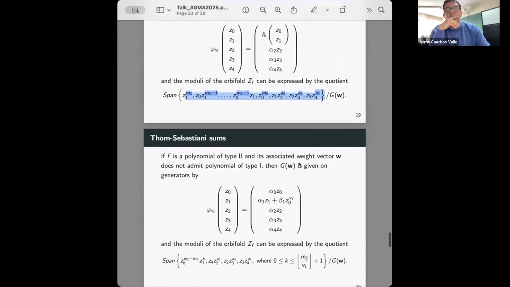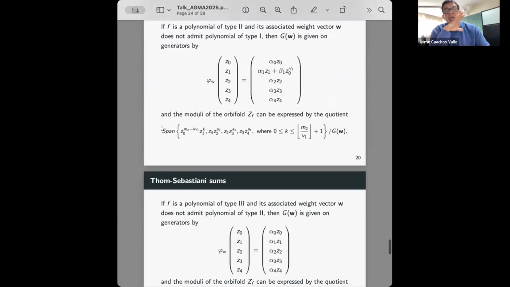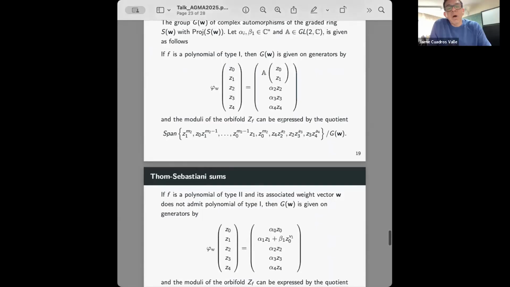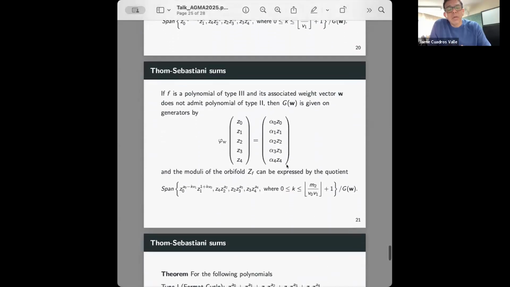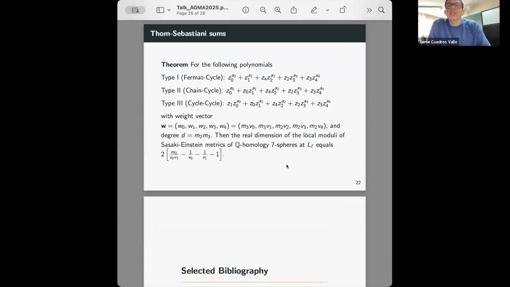Associated with the quotient by the group, and we obtain also the moduli space is given by something like this. One has to be careful with some computations here. And also for type 1, for type 2, and for type 3, we are able to do it.